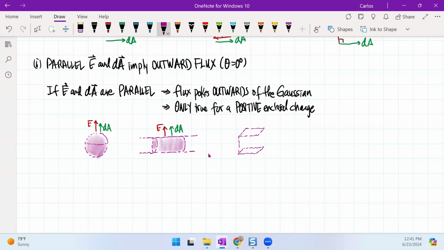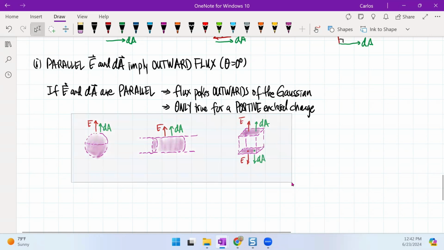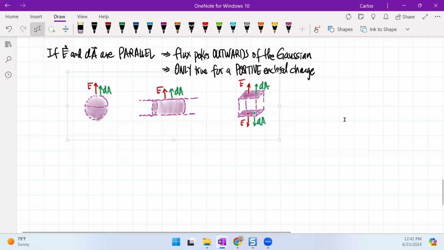And then finally, if I have a cube, I'm looking at a cube that looks like this. The only thing we care about is these two planes right here. And so when I'm looking at these two planes, I can have an electric field that goes in this direction or in that direction, where my dA vector also points in the same direction. So now that I have that, what is the flux reading?